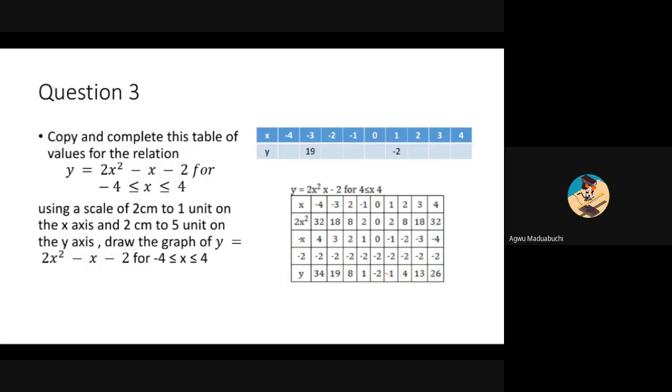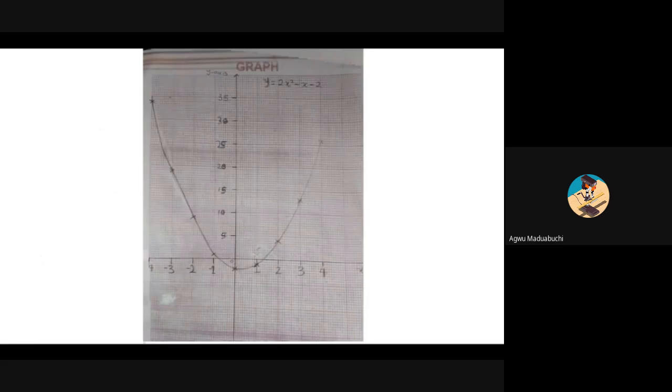Now the scale they say we should use: on the x-axis, they said we should use the scale 2 centimeters to 1 unit. As I told us, 2 centimeters is just the big box, which is 10 lines. So 10 lines represent 1 unit. On the x-axis we start with 1, 2, 3 like that. Then on the y-axis, same thing, 2 centimeters to 5 units, meaning we start with 5.